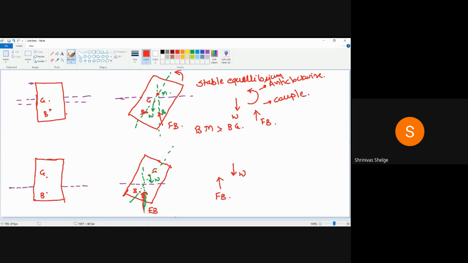Here the buoyancy force is on the left side and weight on the right hand side, but on the left side weight is there and buoyancy force on the right hand side. Again it forms a couple, and it will rotate the body in this direction. So that means the body becomes more and more unstable, and that is nothing but the unstable equilibrium condition.